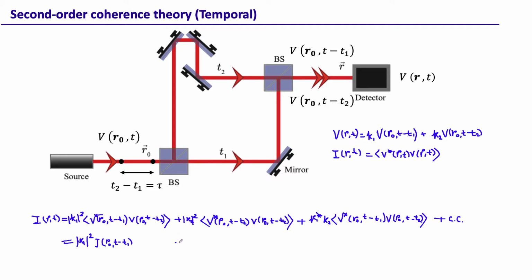This quantity over here is |k2|^2, and this is again just the intensity at R naught at t minus t2.